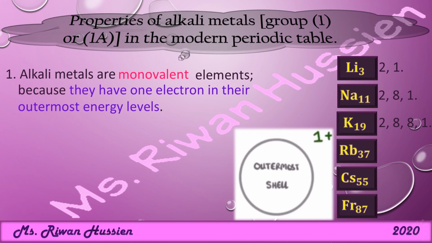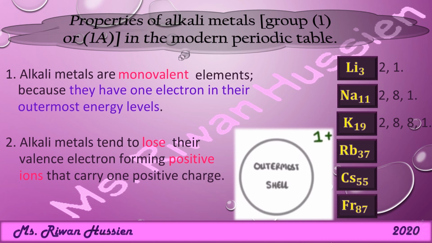And because they lose one negative charge, they change into positive ions which carry one positive charge. Therefore, alkali metals tend to lose their valence electron, forming positive ions that carry one positive charge.